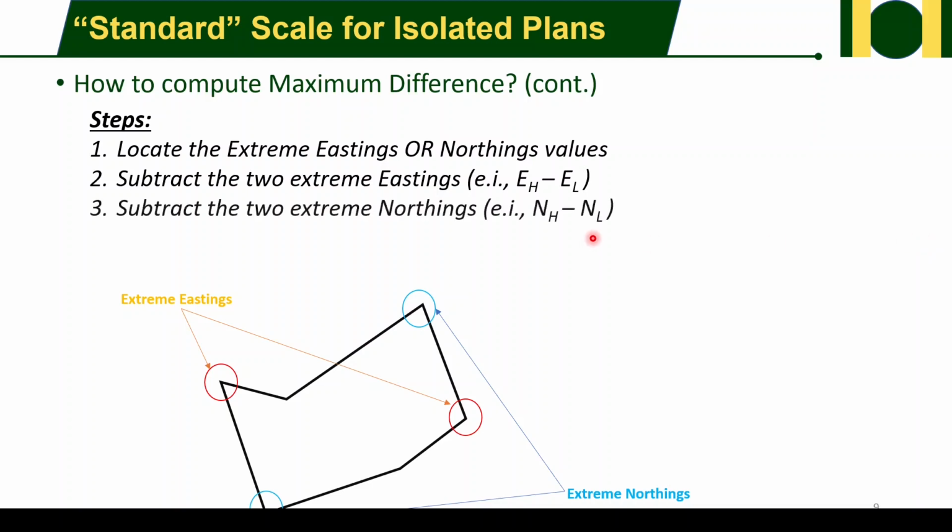Next, you have to subtract the two extreme northings: northings of this one minus northings of this one, because we are after this length. This length is the horizontal distance between these points, and this one is the vertical distance.